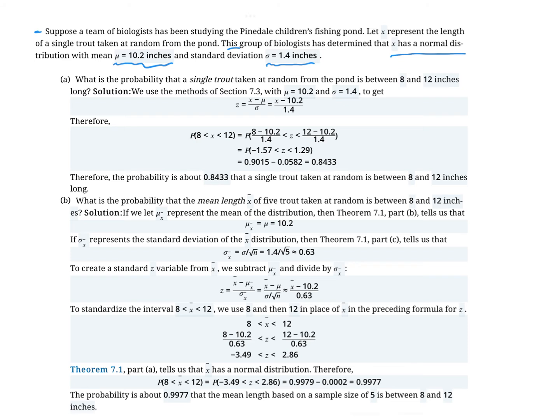A single fish is raw data. That means we're going to be using z is equal to x minus mu divided by sigma. So here's our question. What is the probability that a single trout, raw data, taken at random from the pond is between 8 and 12 inches?